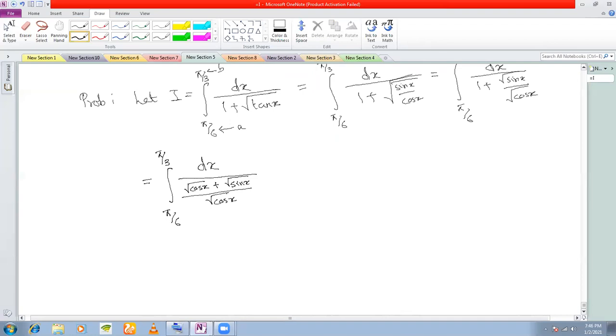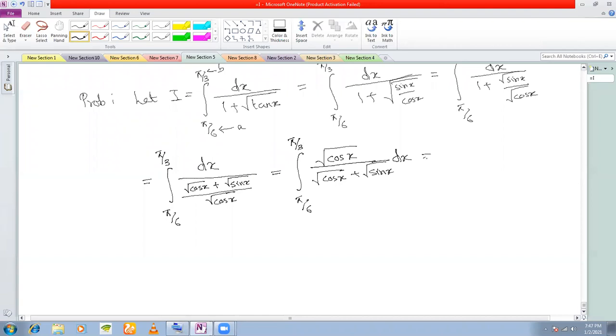Now I can take root cos x in the numerator. I have not used the property yet. Okay, sir. I am simply taking the LCM, simplifying this. Root cos x by root cos x plus root sin x dx. Now we shall use the property.